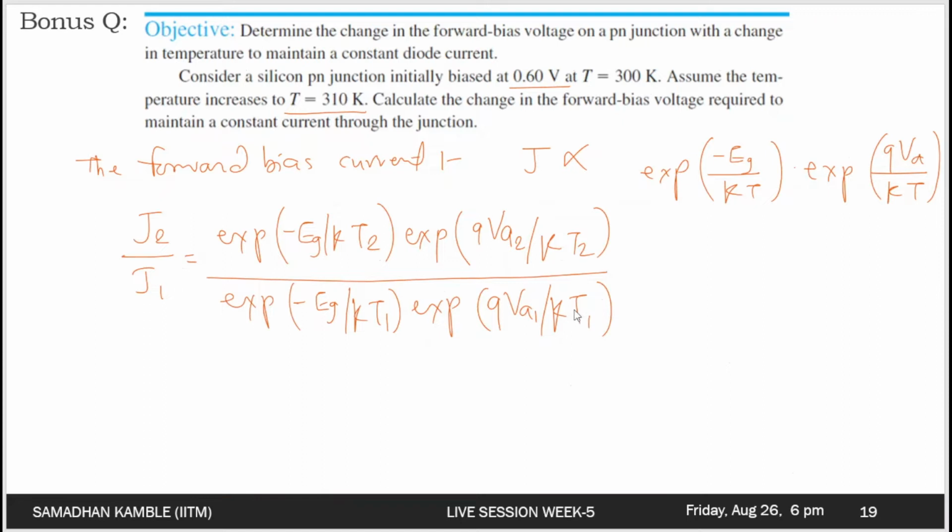Okay, so if the current is to be held constant, that is the condition, then J1 must be equal to J2.